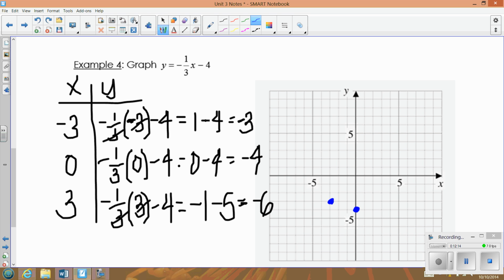And then I have 3 to the right, 1, 2, 3 to the right, and then I'm going down 6. So 1, 2, 3, 4, 5, 6 down. And then we are going to connect these points using our straight edge. So make sure you're using a straight edge when you're connecting your points. That's important.